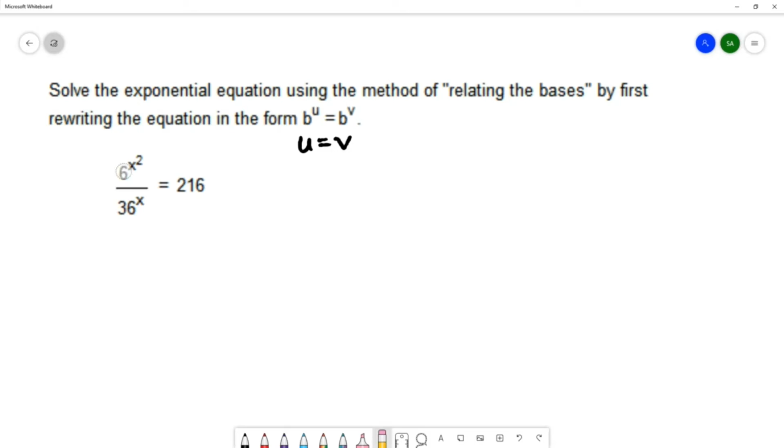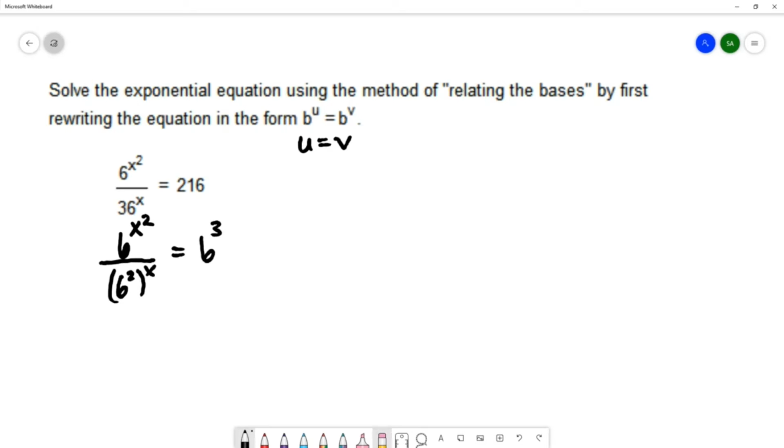So I have a base of 6 here, and then I notice 36 is 6 squared, and 216 is 6 cubed. So we're going to be able to write all of these expressions with a base of 6. We have 6 to the x squared over 6 squared to the x equals 6 cubed.